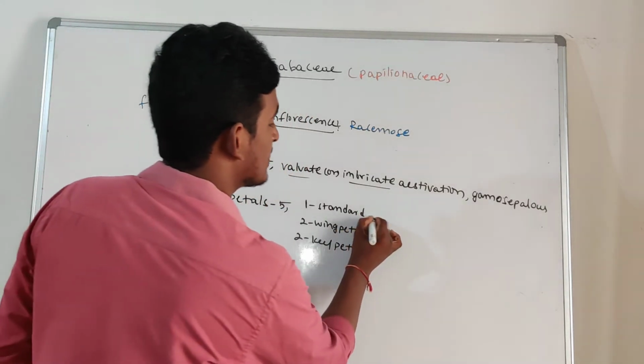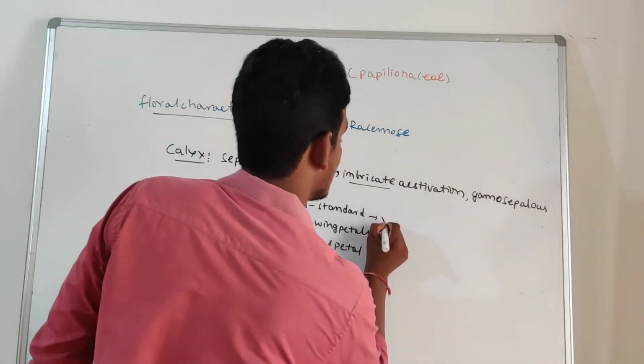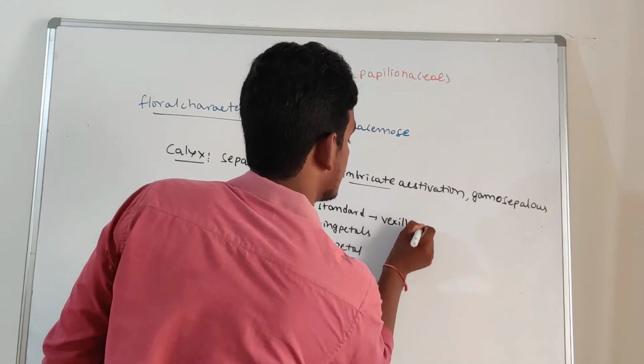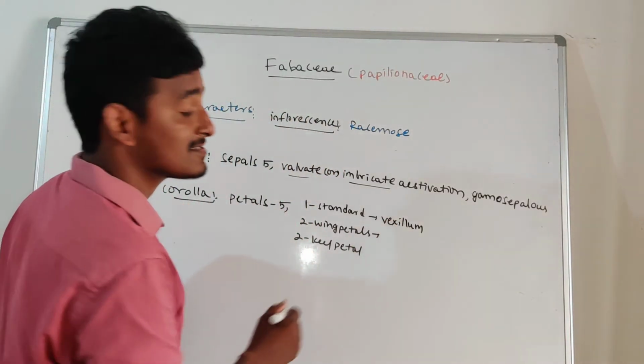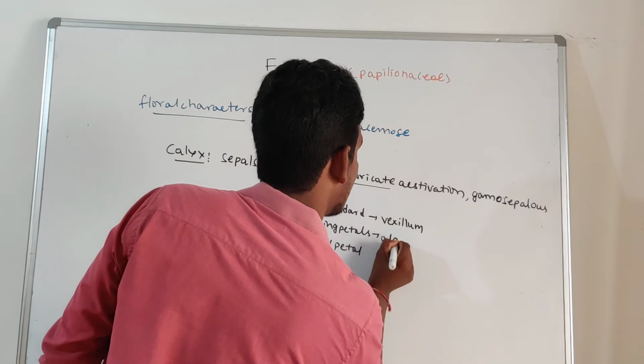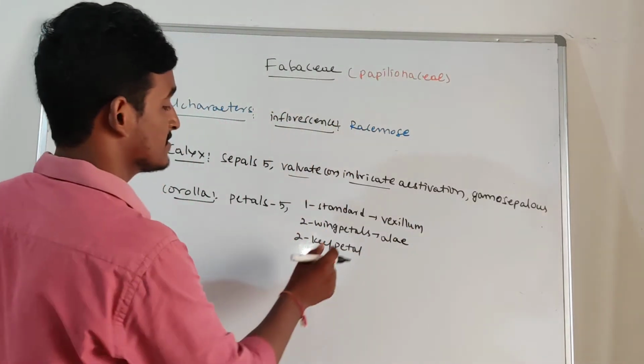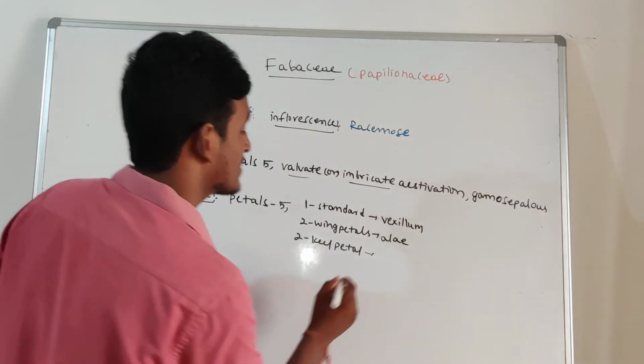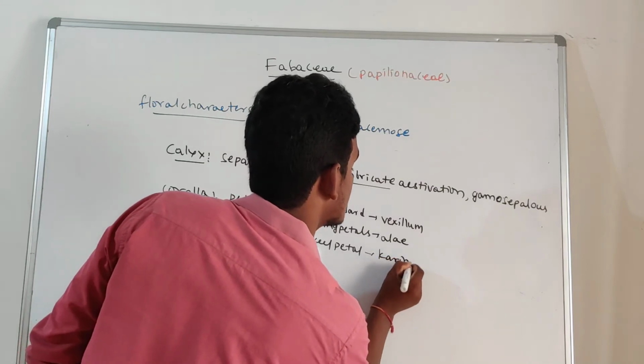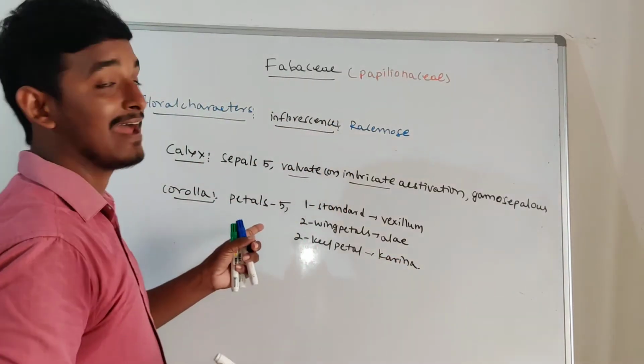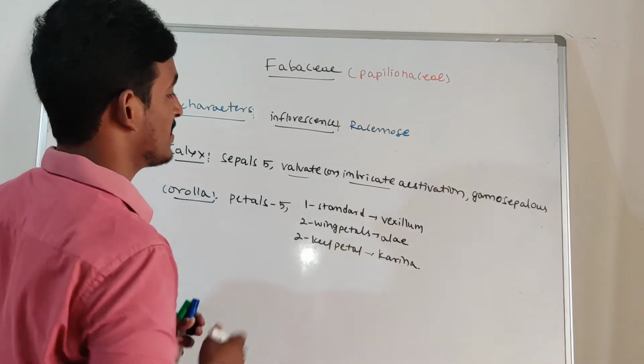One standard petal is also called vexillum. 2 wing petals are also called alae, right? 2 keel petals are also called carina, right? So these are the 5 petals.